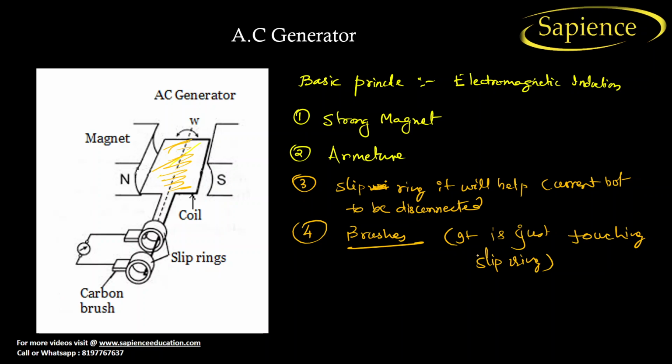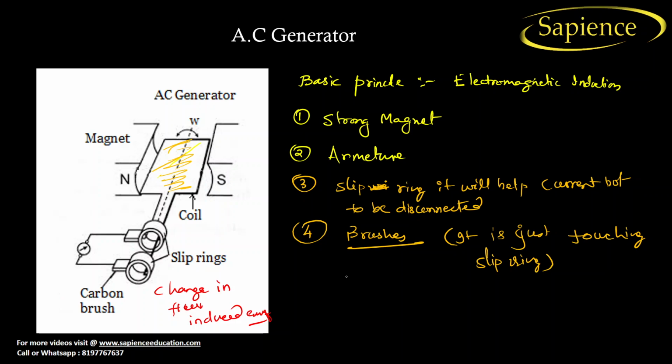Okay, now we know that when it rotates, there is a change in flux, and when there is a change in flux, there is an induced EMF. So let us consider the EMF.